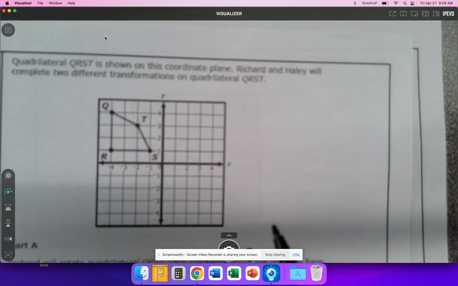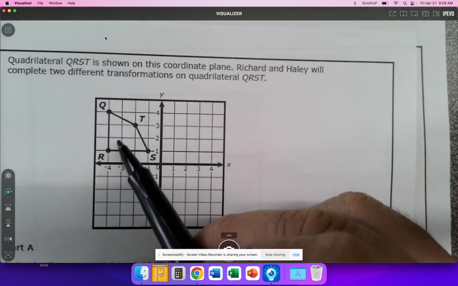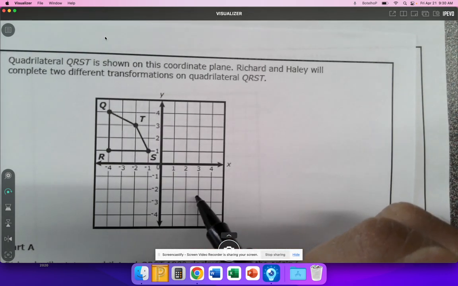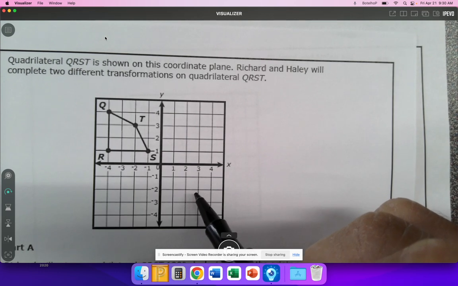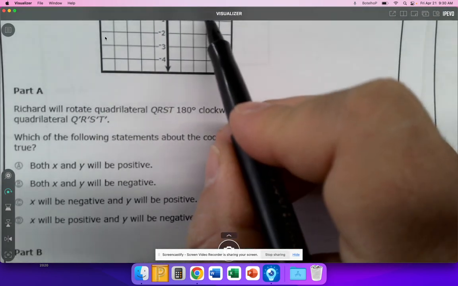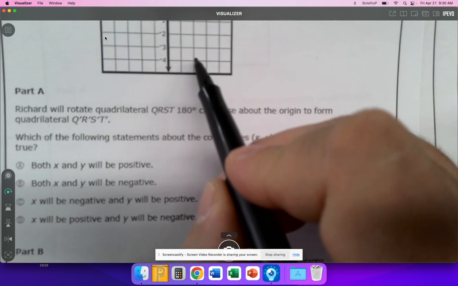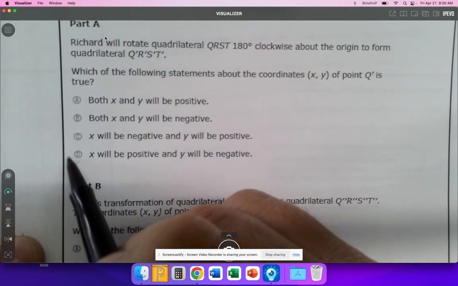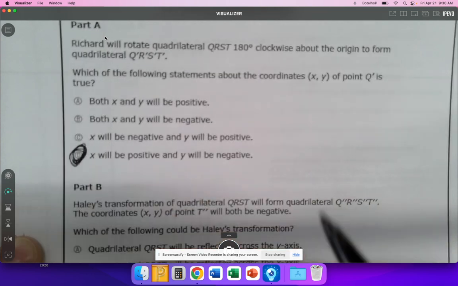If we do 180, we know we're going to go into, this would be 90 here. So I would say, let's not make a mistake here. I think it's pretty clear to tell that when you go here, here, x is positive and y will be negative. So I'll say x is positive, y will be negative. So that's the answer here.